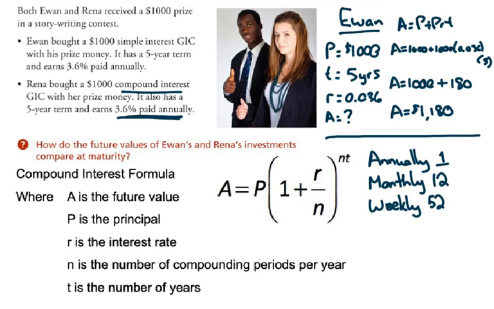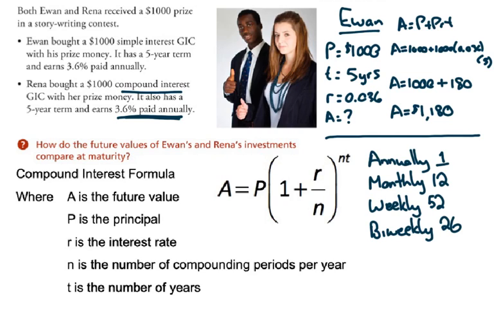And the last other common one would be bi-weekly. This means every 2 weeks, so this would be 26 times per year. There are other compounding periods that do come up, quarterly, semi-monthly, but those are generally uncommon. These are the 4 most common ones.